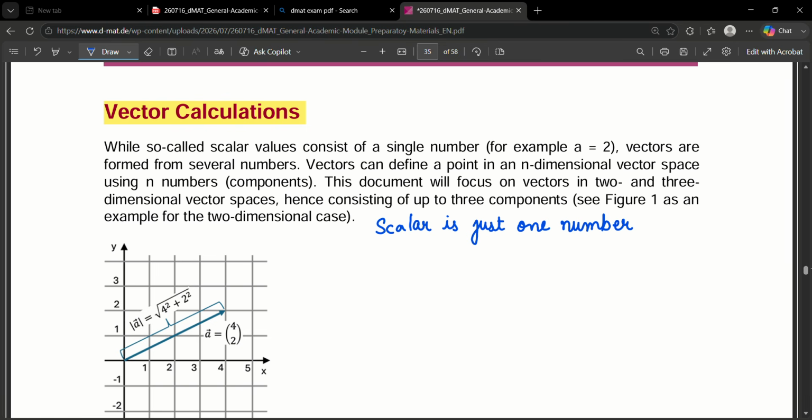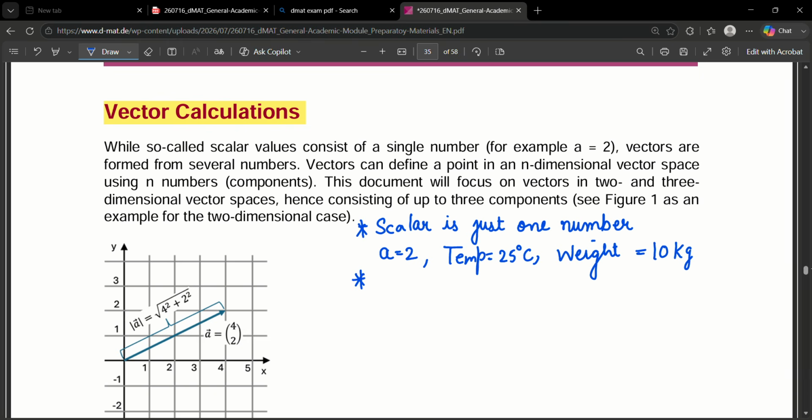For example, you can say A is equal to 2. You can say the temperature is 25 degrees Celsius, or weight. Just a number, that is called a scalar.